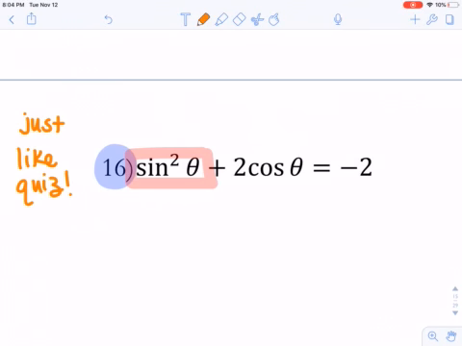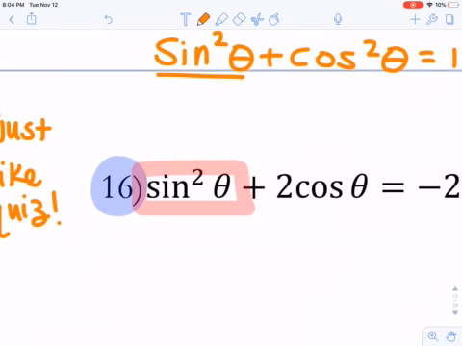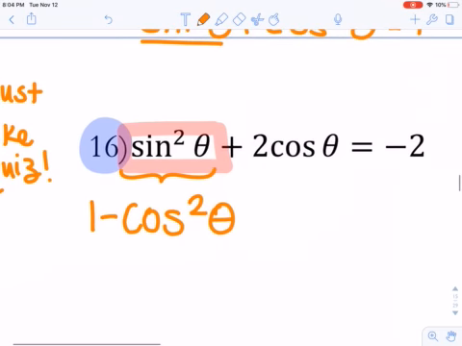So if you remember the identities, sine squared plus cosine squared equals 1. If I get sine squared by itself, then sine squared theta is equivalent to 1 minus cosine squared theta.